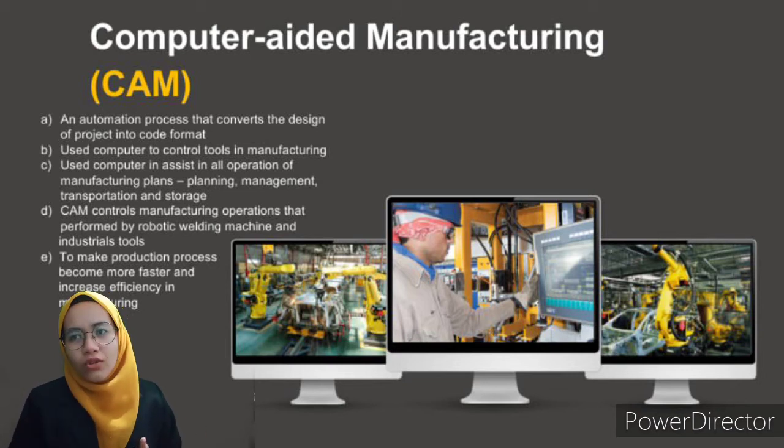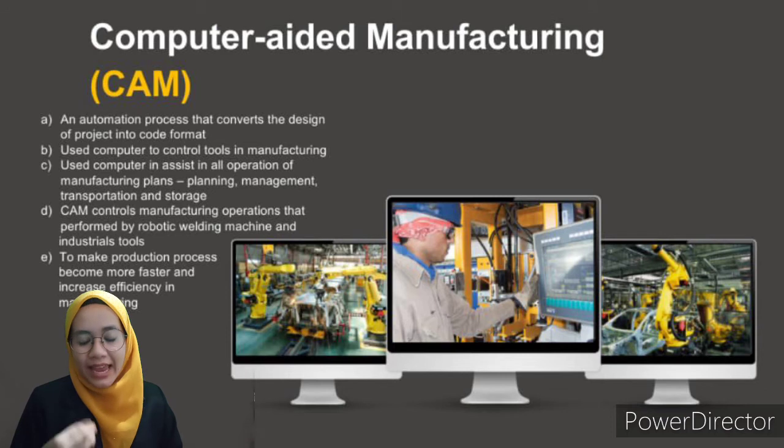We will not use too many workers, because the more workers we use, the slower the production process becomes, not as fast as when we use robotic welding machines. So with CAM, our production becomes faster, and it increases efficiency in our manufacturing.